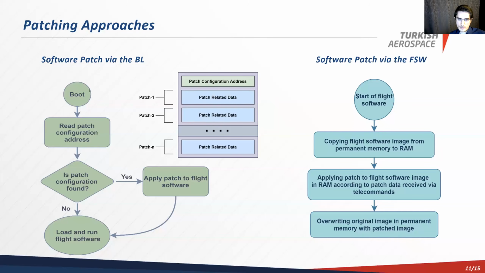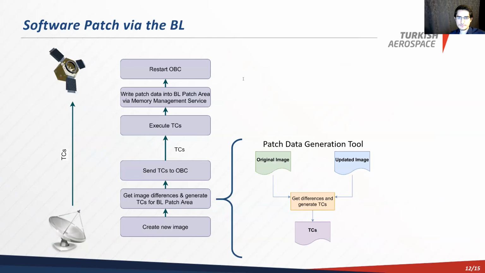So when our bootloader starts, it reads this address and determines which patch to apply. And in the flight software approach, we do our patching process in runtime rather than boot time. So that's the main difference between these 2 approaches. So let's better analyze them in the next slide over here.